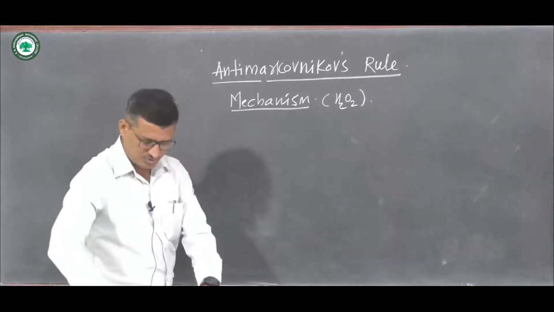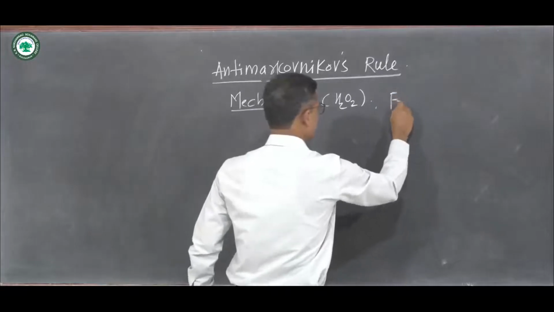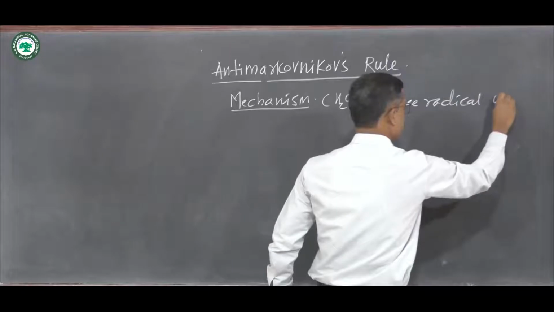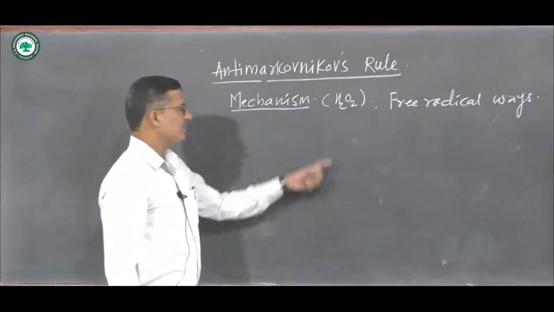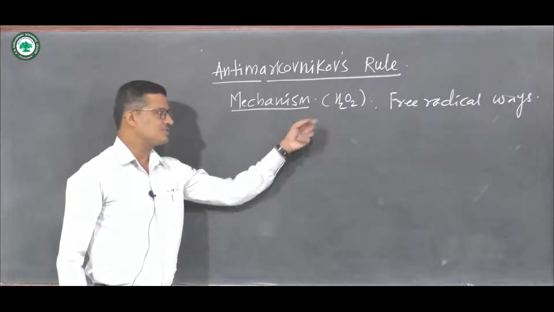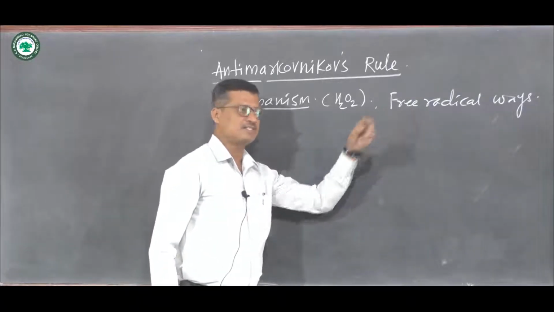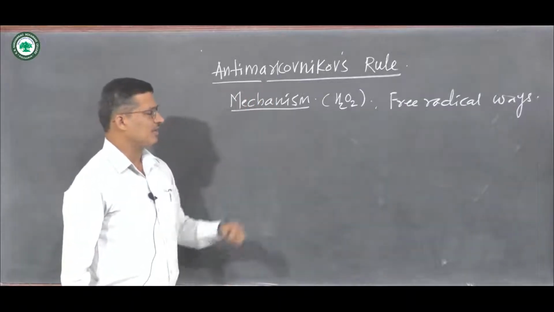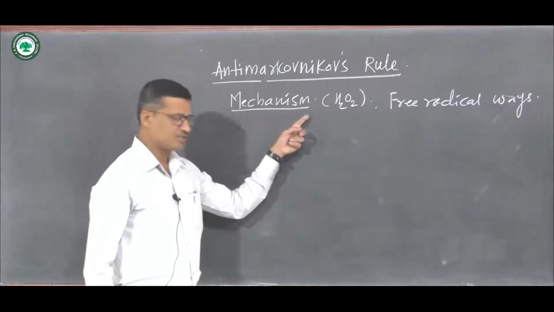The mechanism takes place by the free radical way. When the reaction is carried out in presence of H2O2, this reaction follows the free radical mechanism, and that's why we get the Antimarkovnikov addition as the major product in presence of H2O2.